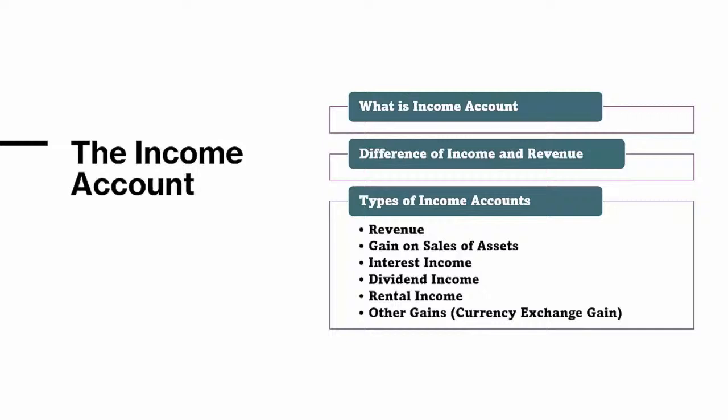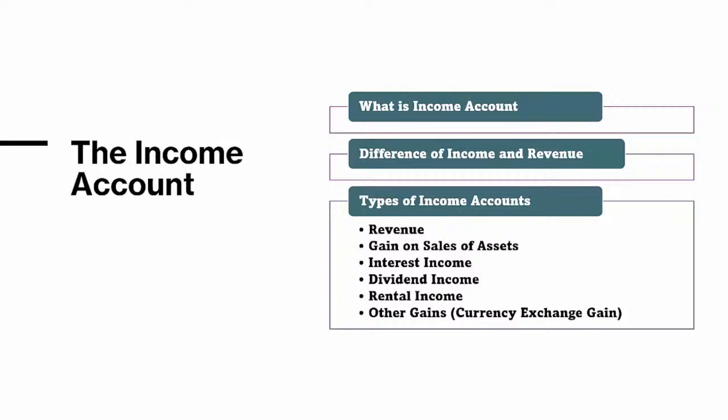This broader view includes items that support or supplement revenue, but come from activities outside of the primary business operations. In other words, while revenue focuses on the money earned from regular sales or services, income includes both revenue and additional earnings that don't come directly from the business's main products or services.